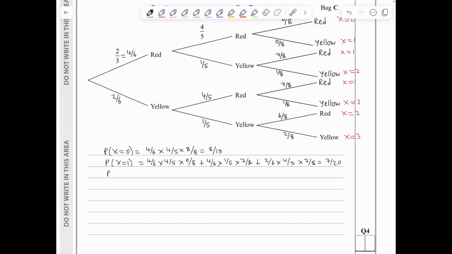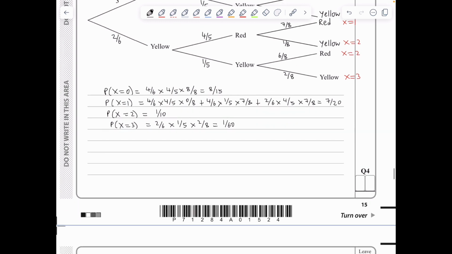We have already found that the probability of x being 2 is simply a tenth, and the probability of x being 3 is going to be 2 over 6 times 1 over 5 times 2 over 8, which gives an answer of 1 over 60. This means I can go on to draw the probability distribution table for the random variable x.